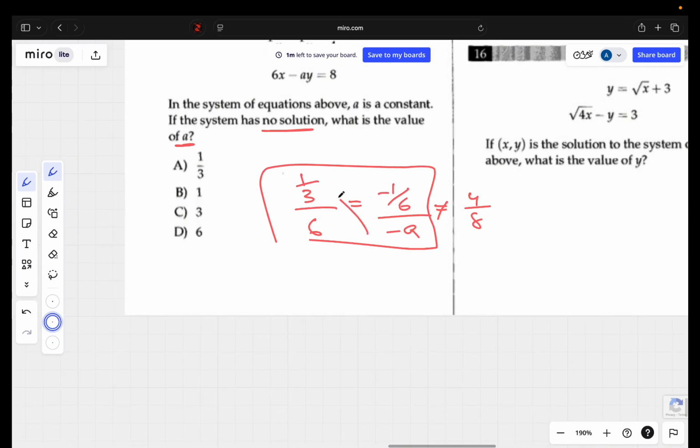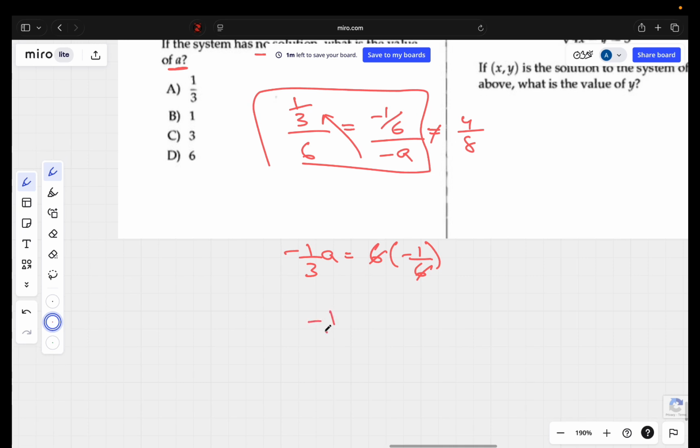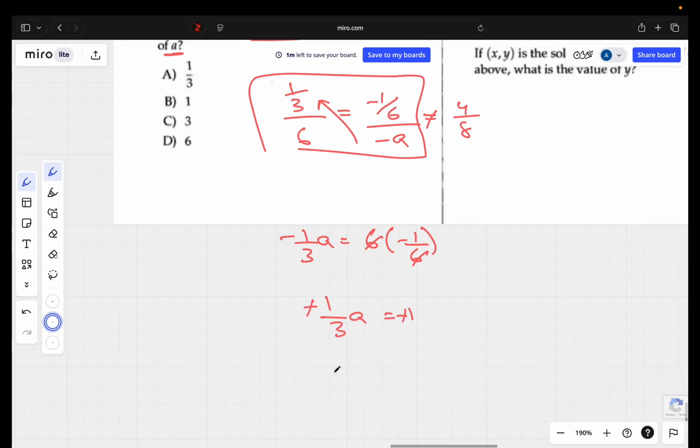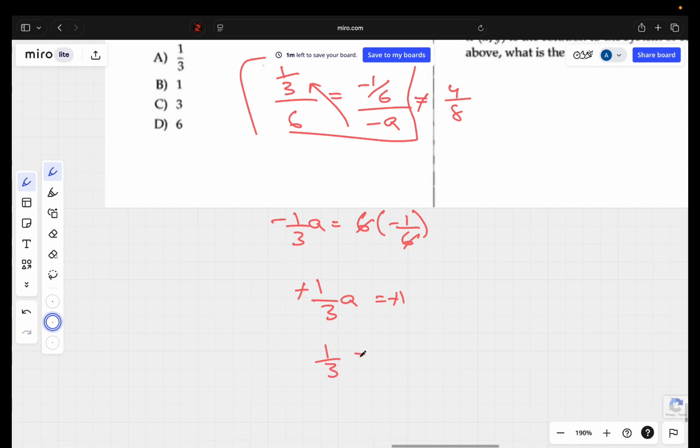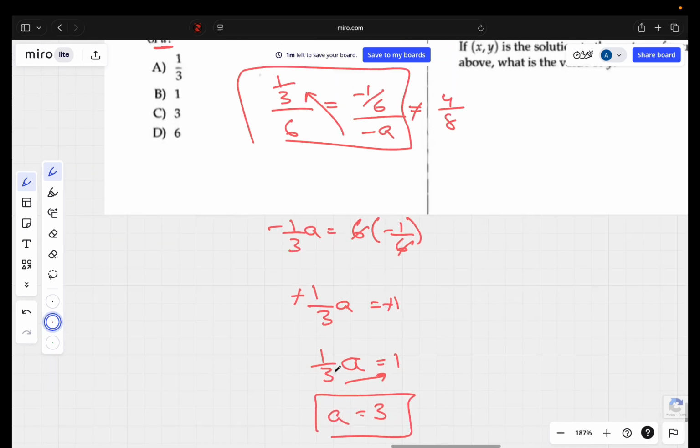So negative a times 1 over 3 is going to be negative 1 over 3a, which is equal to 6 times 1 over 6. Negative 1 over 6 is going to be just negative 1. So negative 1 over 3a equals negative 1. We cancel the negatives on both sides, and then it's 1 over 3a is equal to 1, which means a is equal to 3. The 3 goes up to 1, multiplies, it becomes 3. A is going to be 3.